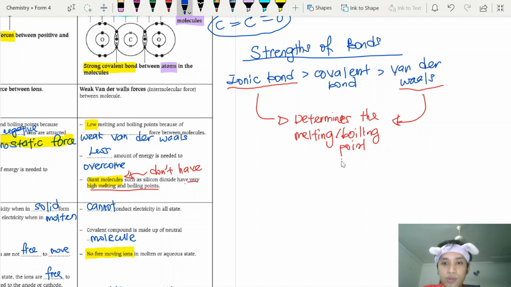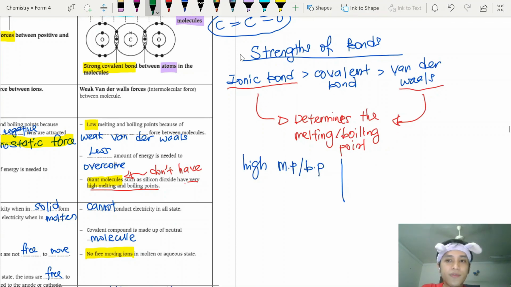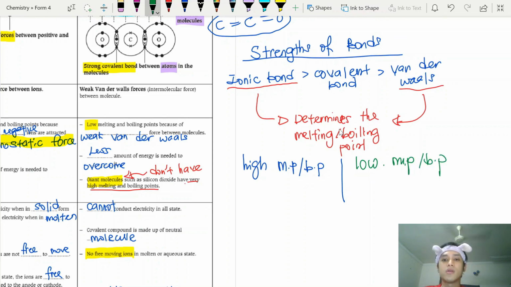So you need to remember that ionic bond will have high melting point or boiling point, whereas your covalent compounds will always have low melting point and boiling point. That is if you compare between ionic bond and the van der Waals forces.